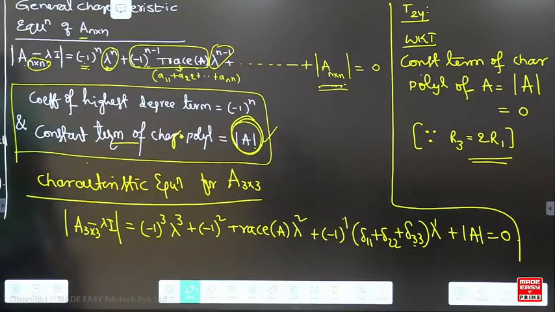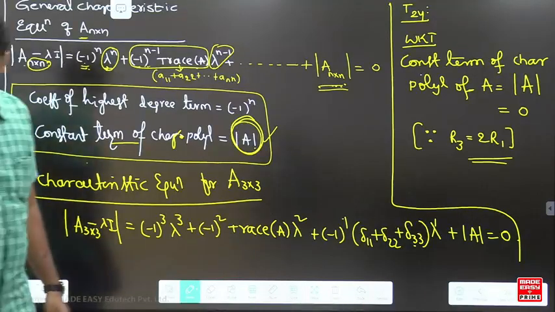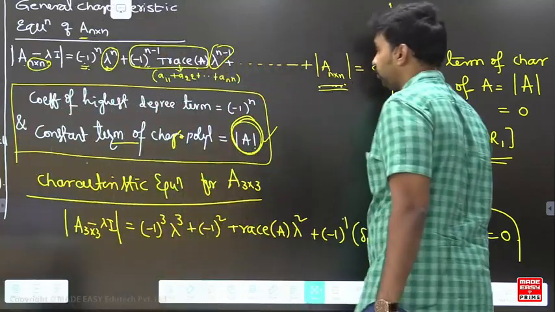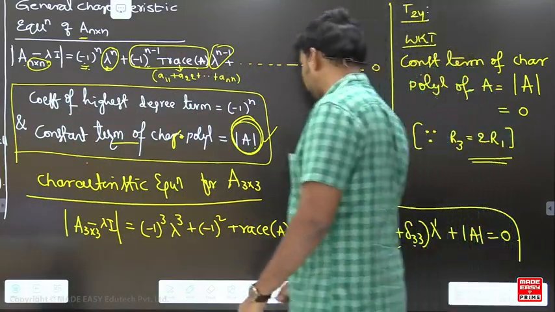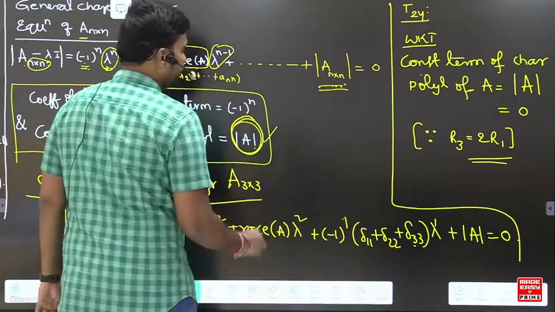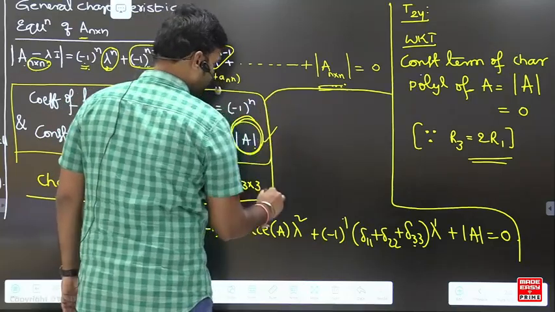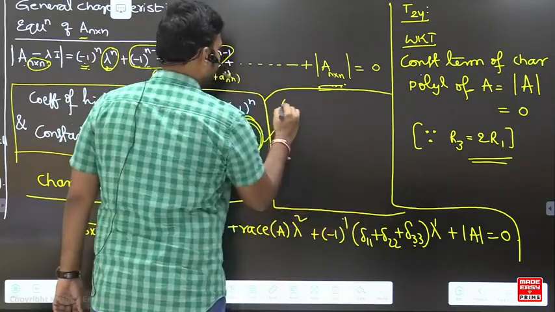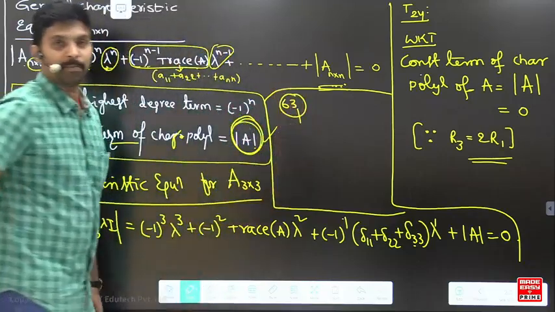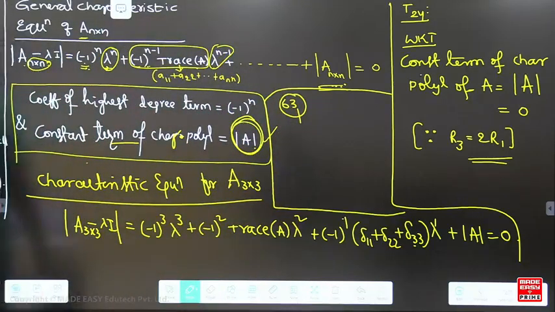That is question number 63. Question number 63: A is an n by n complex matrix whose characteristic polynomial is f of t equal to so and so, then what is det A?